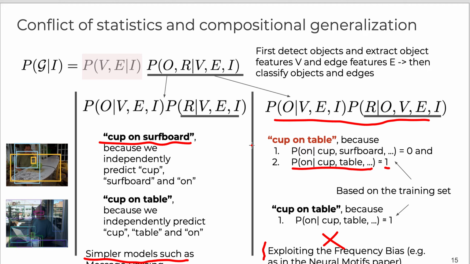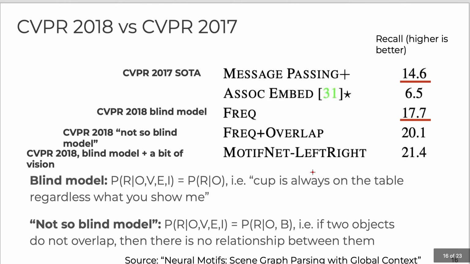So it depends on your application. Either of those choices can be applicable. And for example, in the Neural Motifs paper, they show that the blind model that does not look at the image at all, so it just predicts the most frequent relationship, outperformed the previous state of the art on this dataset.